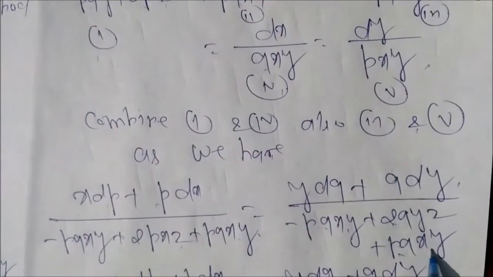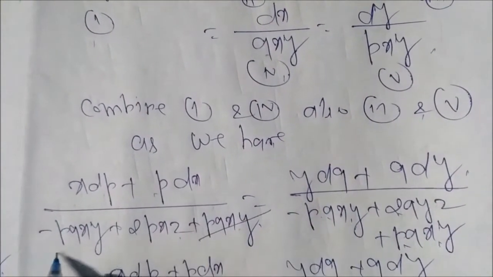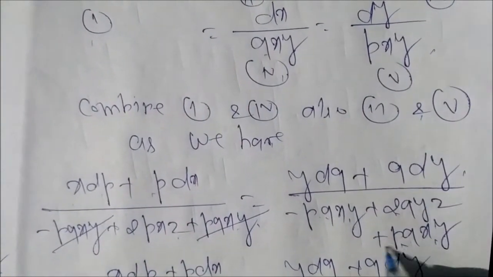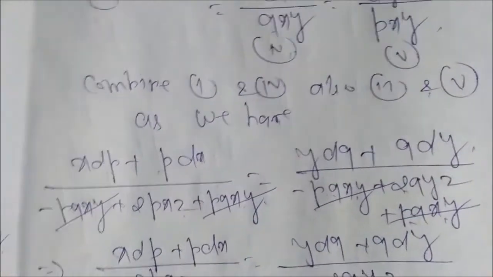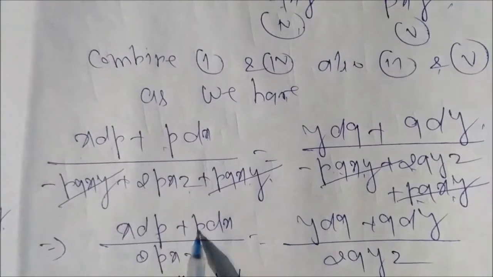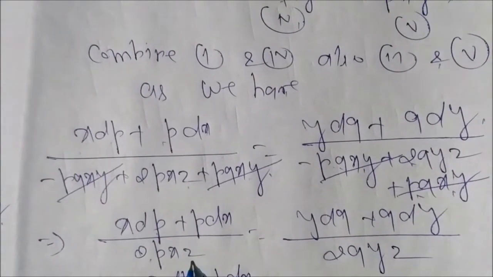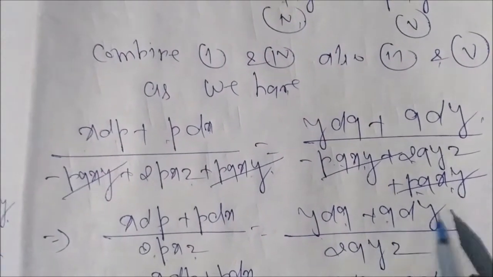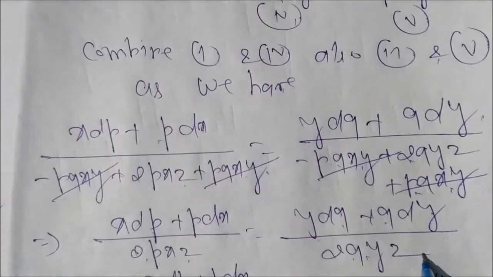This pqxy will be cancelled. Here this also cancels. We have x dp plus p dx by 2pxz, y dq plus q dy by 2qyz.